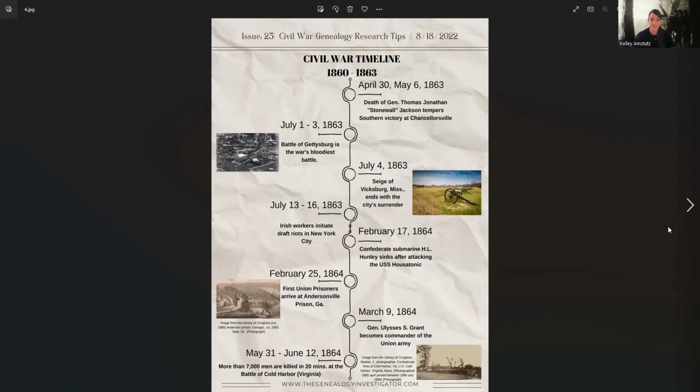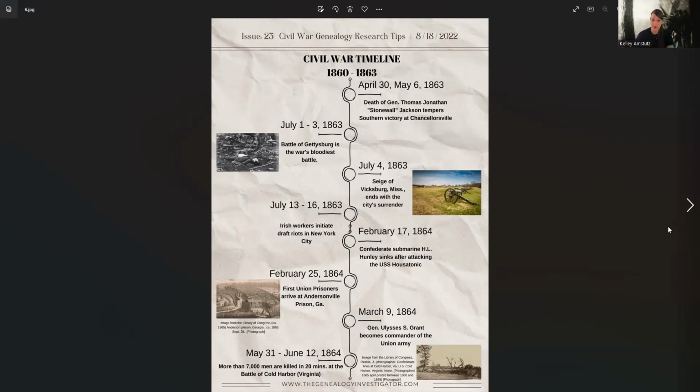And then we move into April 30th through May 6th of 1863, the death of General Thomas Jonathan Stonewall Jackson tempers the Southern victory at Chancellorsville. The Battle of Gettysburg happened July 1st through the 3rd, 1863. It is the war's bloodiest battle.